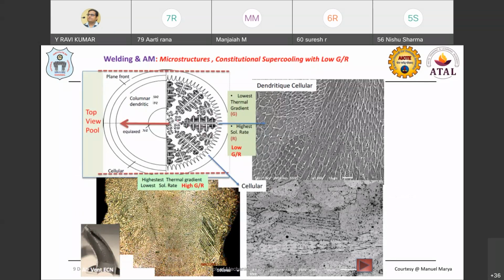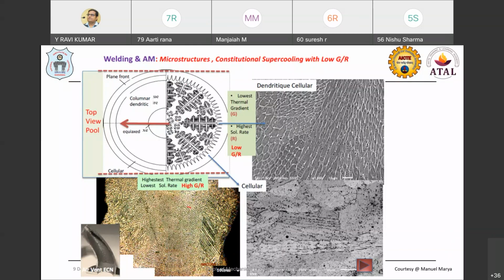When we have a highest temperature gradient, we have these kinds of dendritic structures. And when we have a lowest temperature gradient, we have these kinds of dendritic structures. This is where we have a lower L by G ratio or a higher G by R ratio. We are going to have these dendritic columnar structures, and also at the center we are going to have equiaxed dendrites.